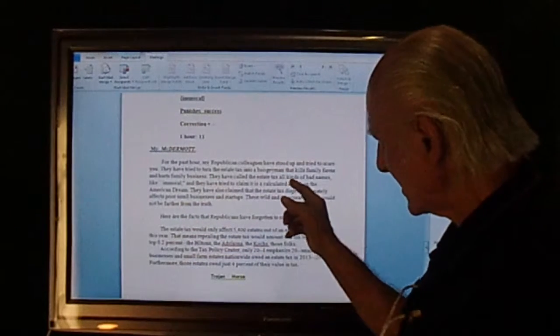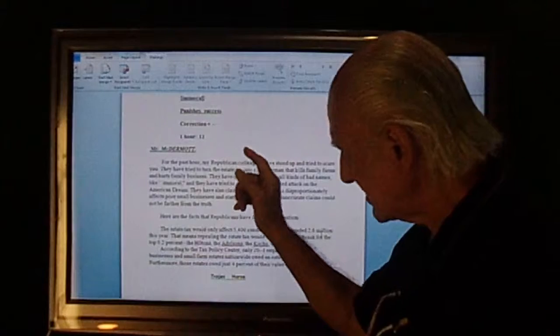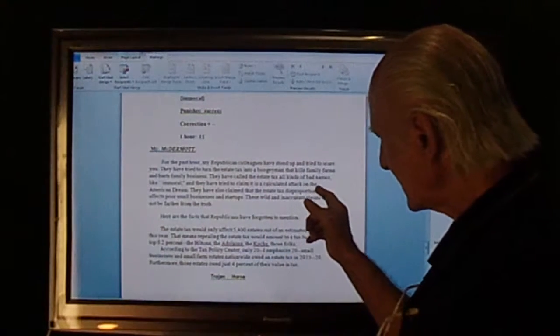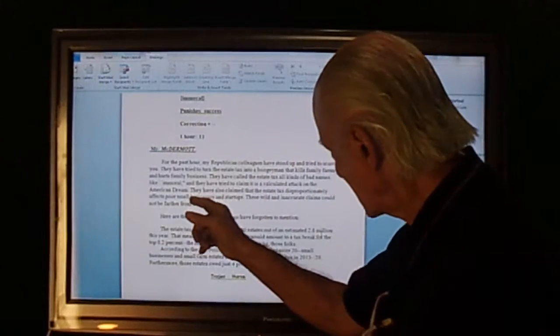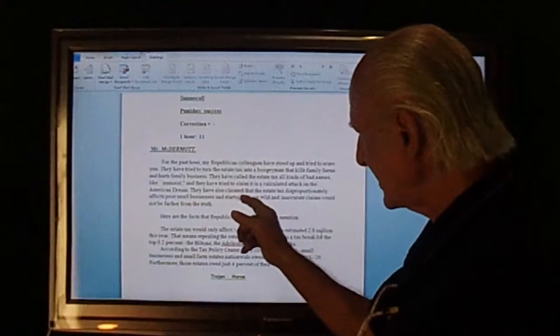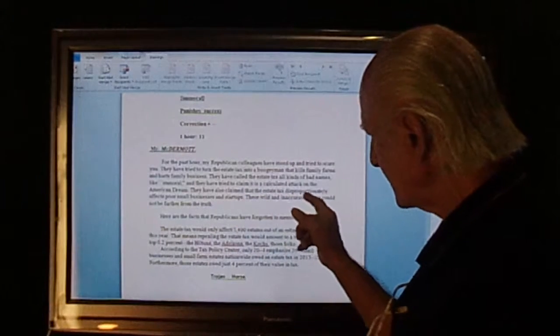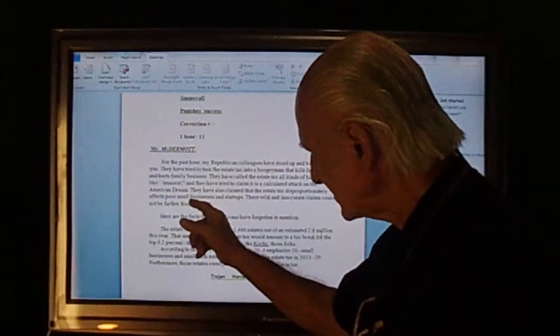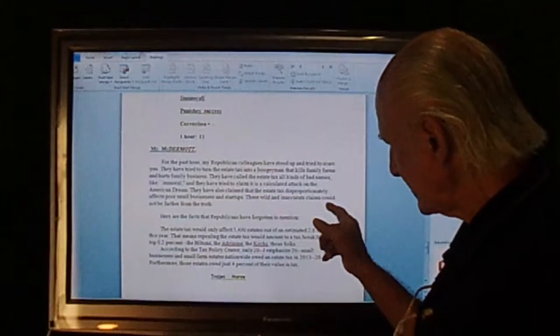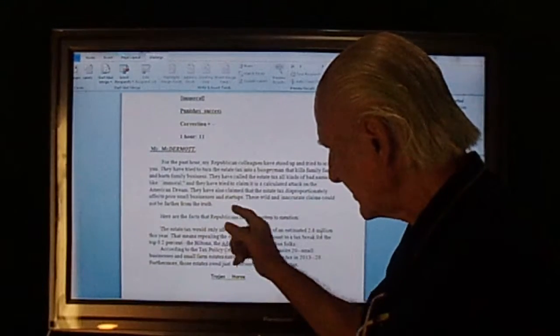They've called the estate tax all kinds of bad names, like immoral, and they've tried to claim it is a calculated tax on the American dream. They have also claimed that the estate tax disproportionately affects poor small businesses and startups. These wild and inaccurate claims could not be further from the truth.